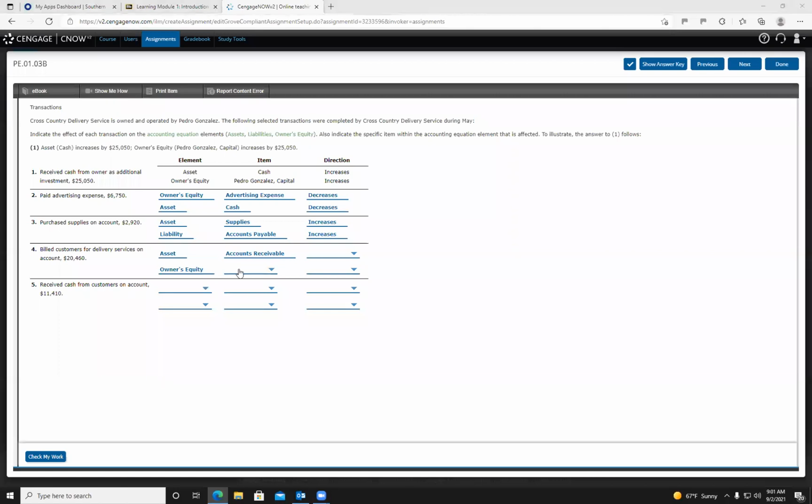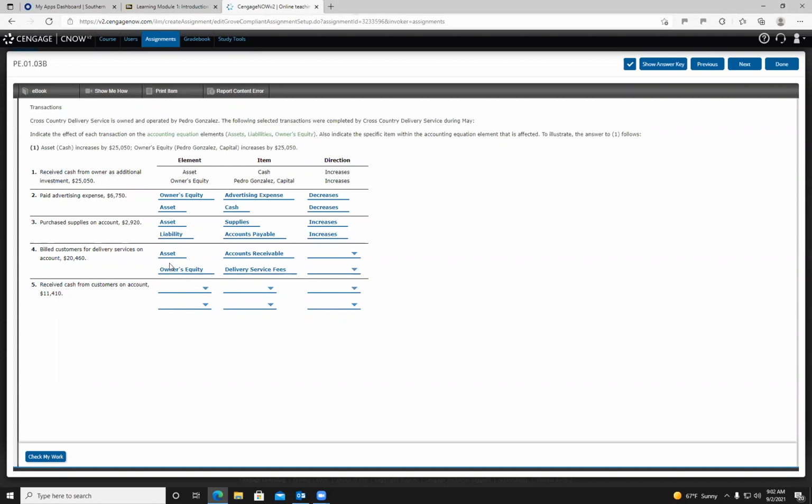So if we're looking here, revenue directly affects owner's equity. This is a service that was provided. So the type of revenue that we will record is service fees. Right.